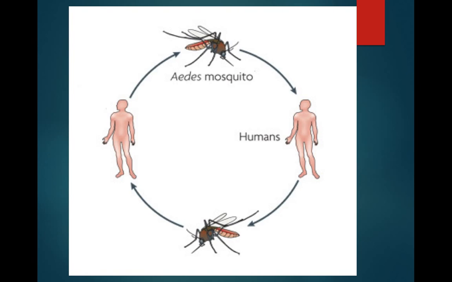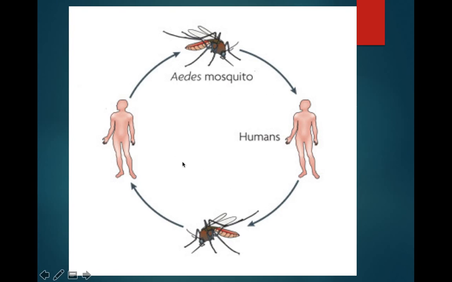When this Aedes mosquito bites a human, and if it is carrying dengue virus, then this dengue virus is injected into human blood, and then another mosquito may bite this human, and this infected blood again goes to another Aedes mosquito, which can again become infected, and then it can bite another human.